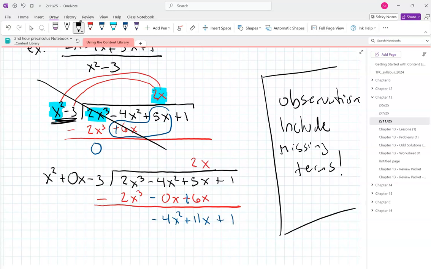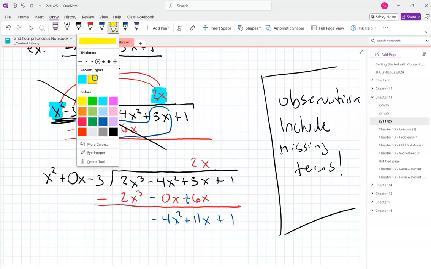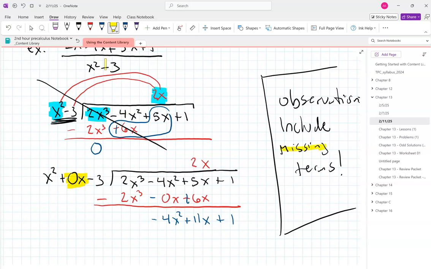So my observation here is it's going to be helpful to include those missing terms. If I go from x squareds to constants anywhere in any of these polynomials, I want to include a 0 and then whatever that missing degree is. That'll help keep everything nice and lined up for me so I don't accidentally do something silly like try to add 4x squared to 6x.